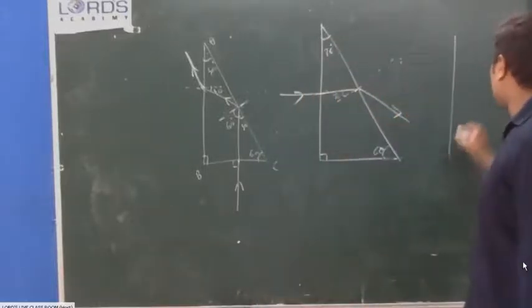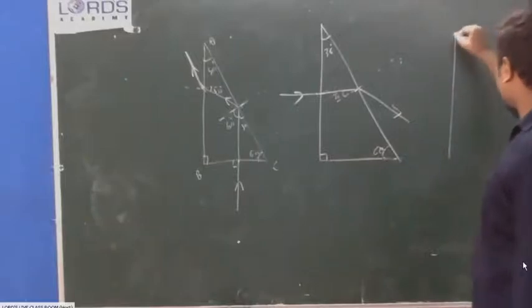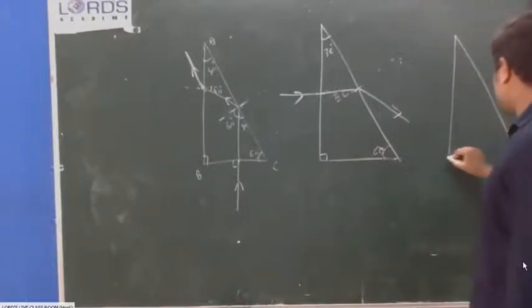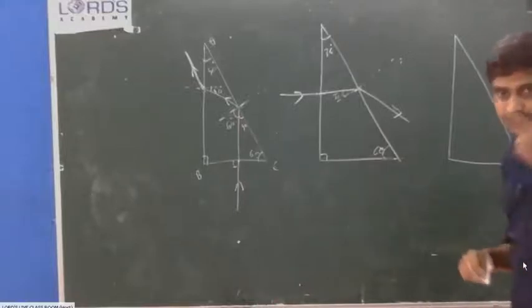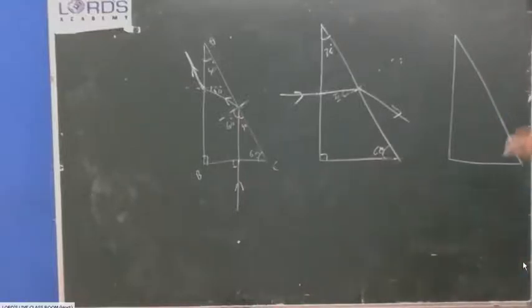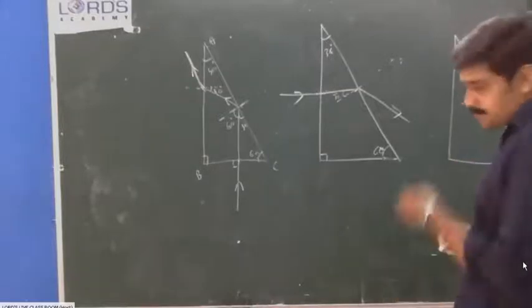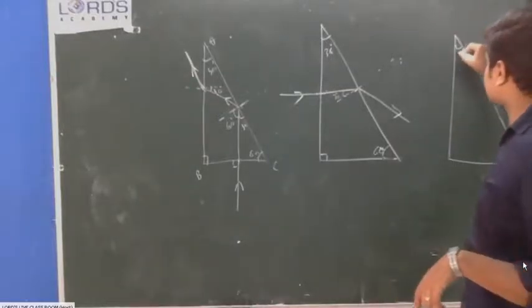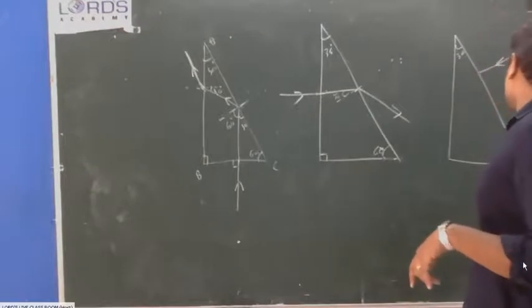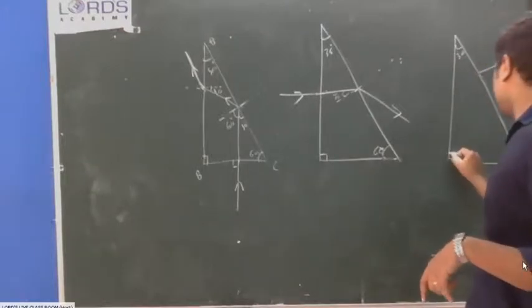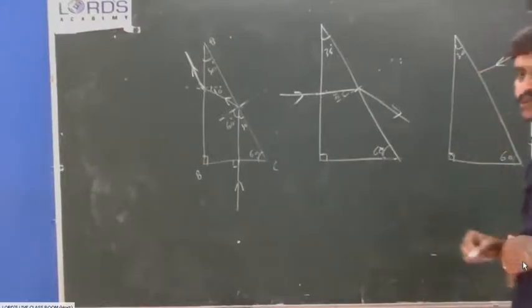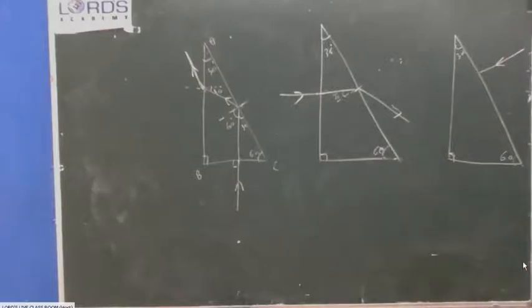Through a side opposite to 90 degree, so let's reach here again. 30, 60, 90. This time it is opposite to the 90 degree angle.